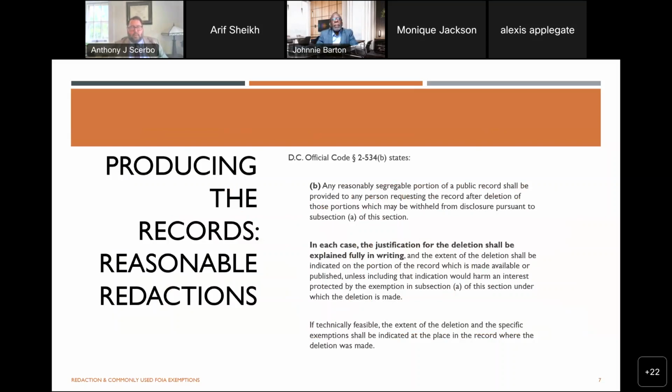DC Official Code 2-534(b) states that any reasonably segregable portion of a public record shall be provided to any person requesting the record after deletion of those portions which may be withheld from disclosure pursuant to subsection (a) of 2-534. So in every single case, the justification for the deletion has to be explained to the requester, complainant, etc., fully and in writing.